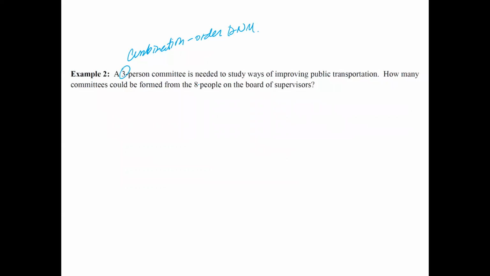I have 2 and 8. I'm going to label the n. n is always going to be the bigger number. r is always going to be the smaller number. So you know that nCr equals n factorial over r factorial times n minus r factorial.